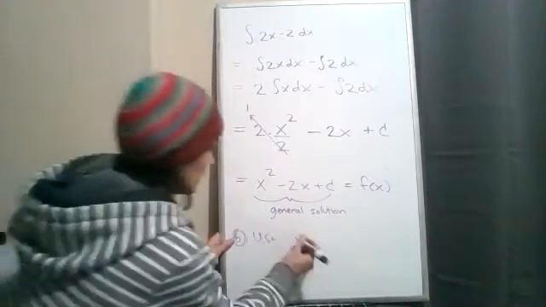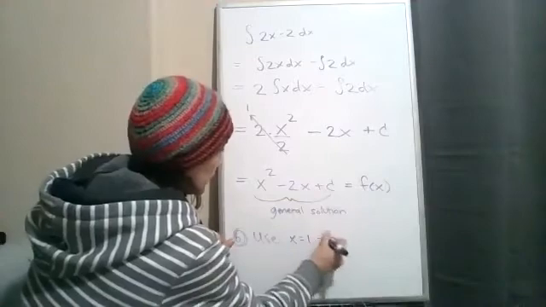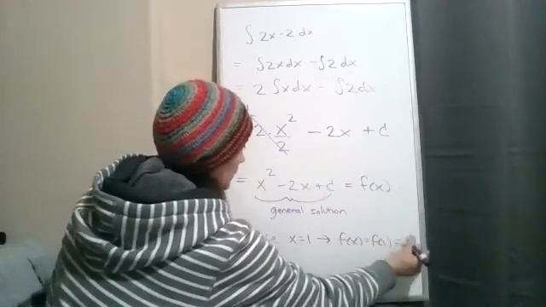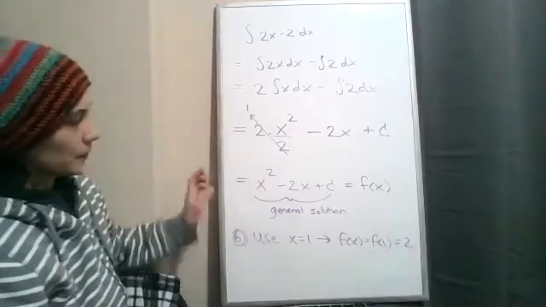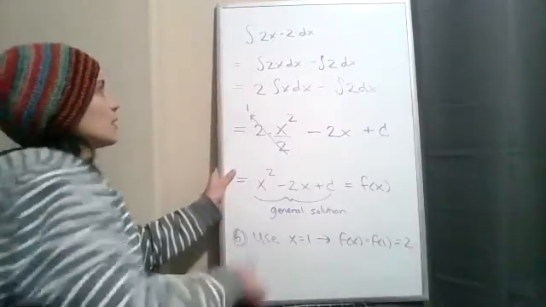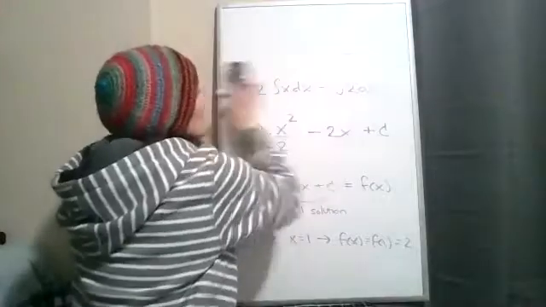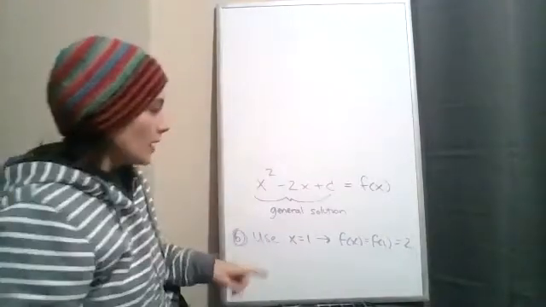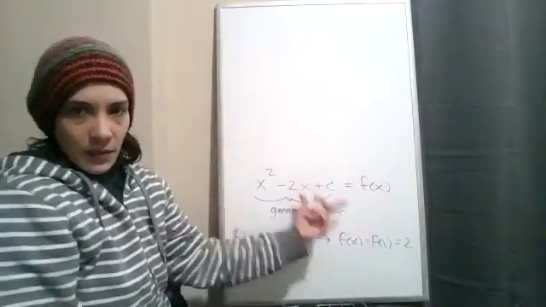We know that when x equals 1, f of 1 equals 2. Let's flip this around.